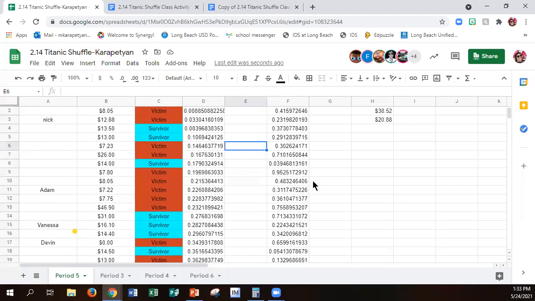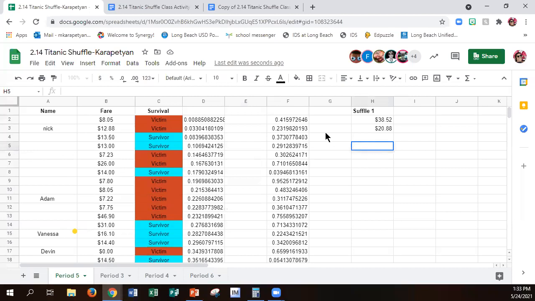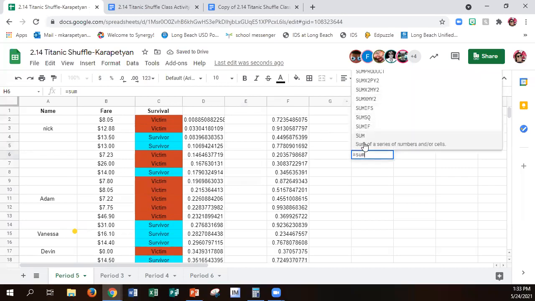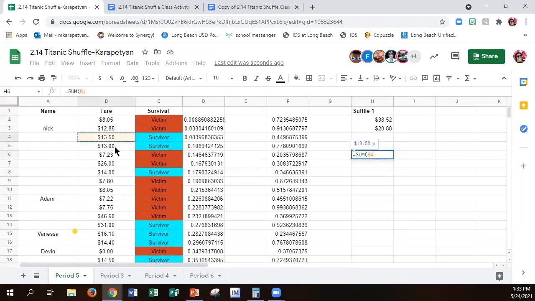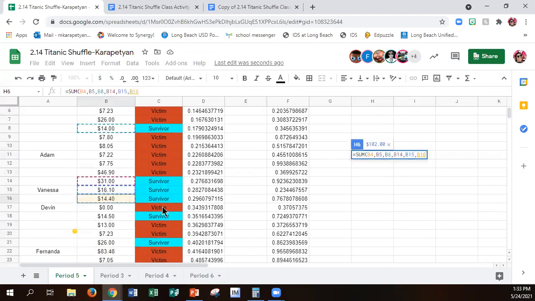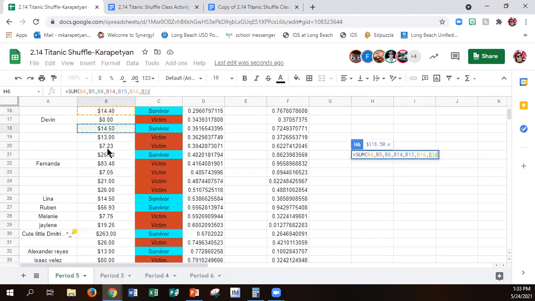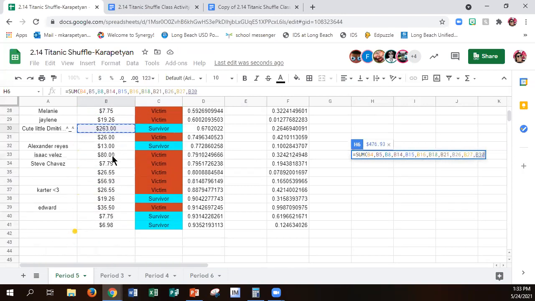All right, so now let's do our second shuffle means. Shuffle 2, equals sum. So now I'm going to do the average of the survivors again. I'm just selecting our survivors here. And then we have 15 survivors, so we're going to be dividing by 15.